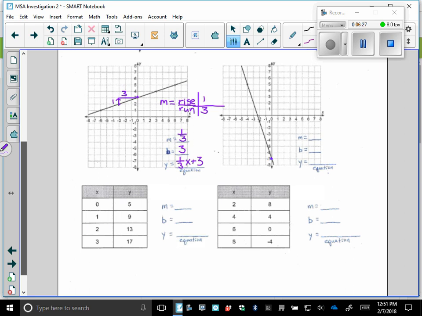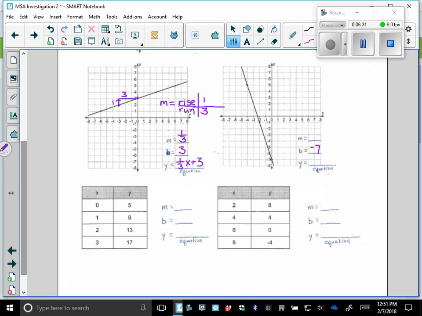Here the y-intercept is negative 7. Looking for 2 key points, I see these 2. It's downhill, so I notice I have to drop down 6 units, and I go to the right 2 units.